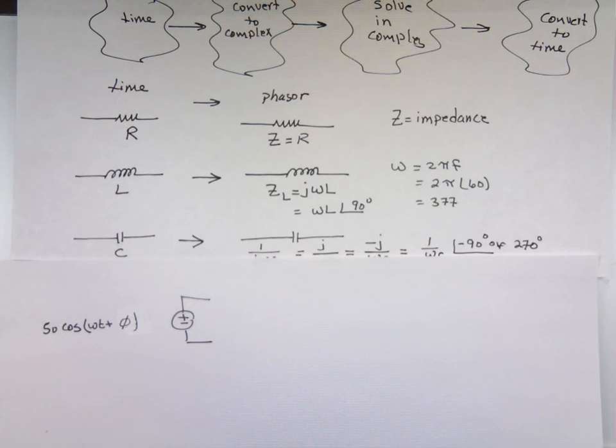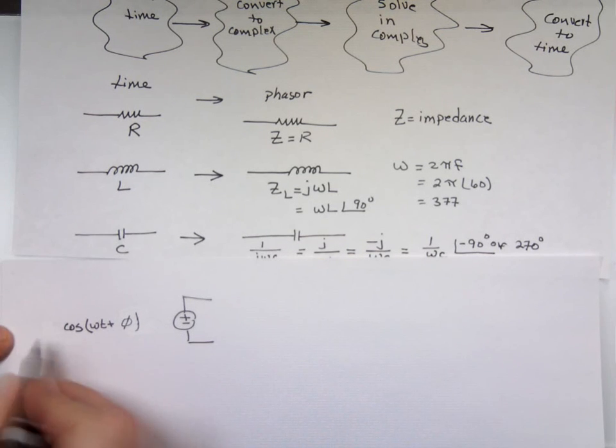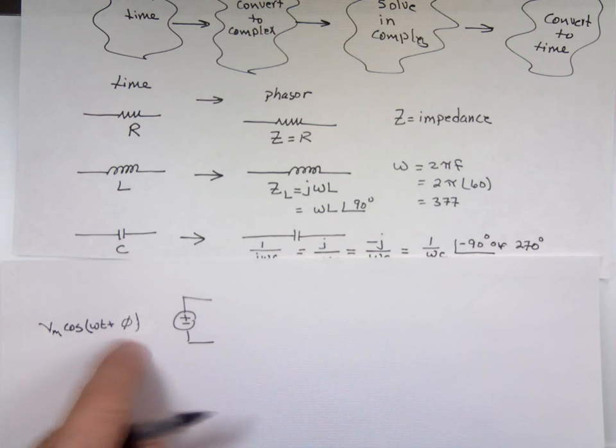Let's say you have that source. Let's call it, instead of a number, let's just use a variable here. We'll call it some maximum value, Vmax, because that's the voltage source, some maximum number cosine omega t.